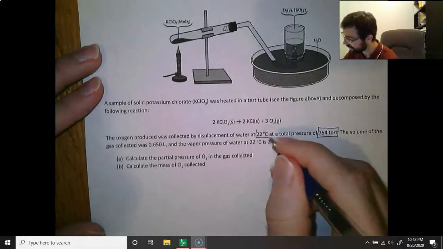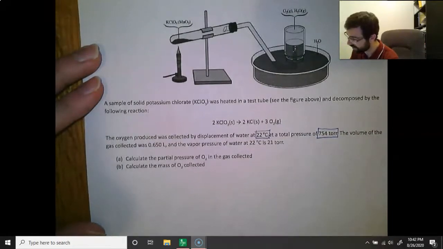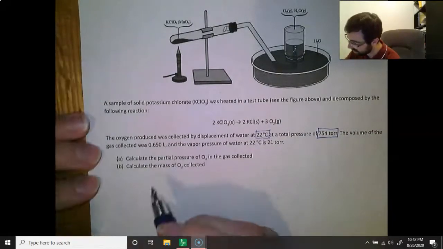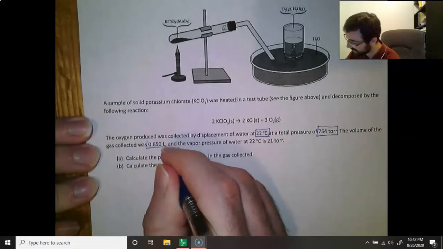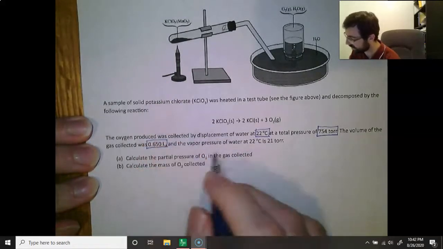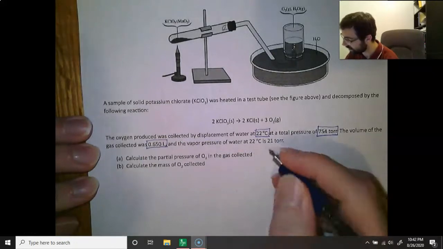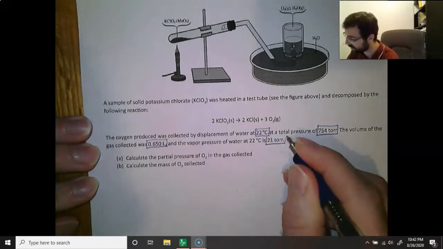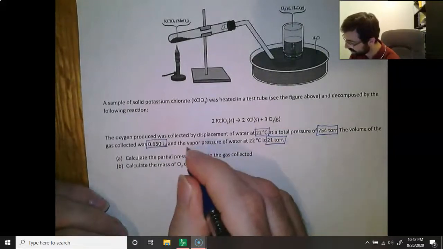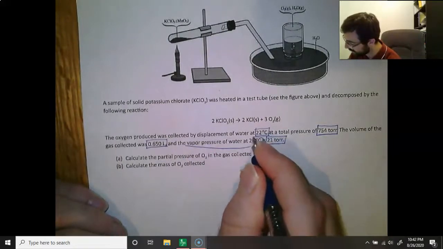Okay, we have temperature, we have pressure. The volume of the gas collected was 0.650 liters, and the vapor pressure of the water at 22 degrees Celsius is 21 torr. Now, what's this 21 torr? It's the vapor pressure of water at the given temperature.